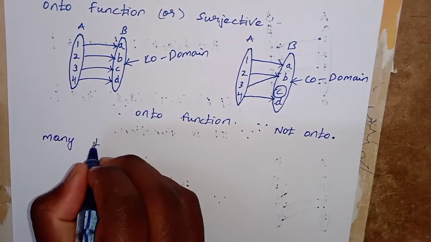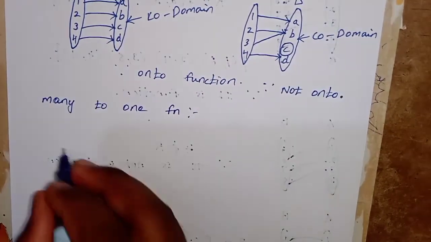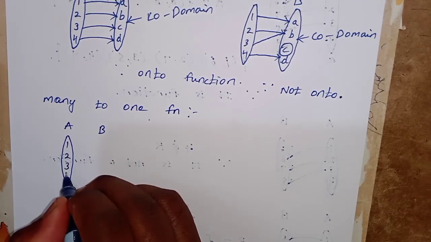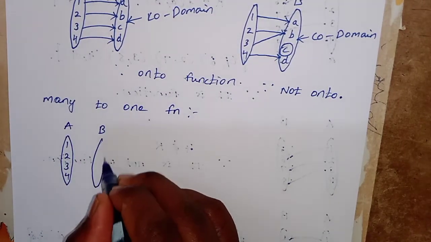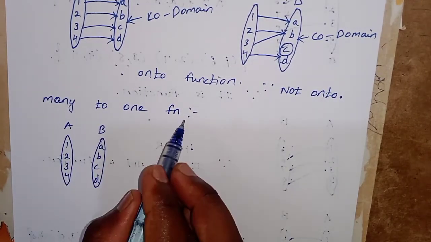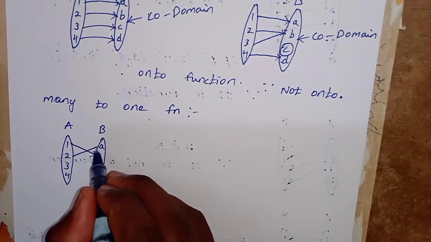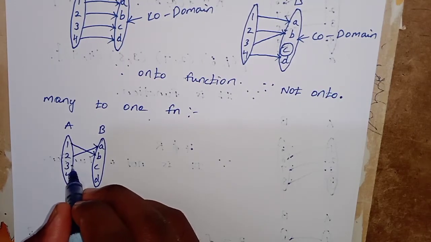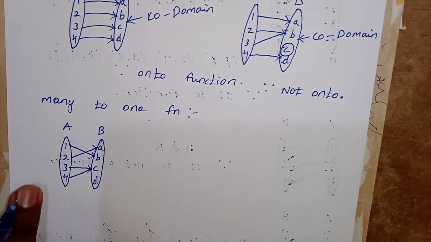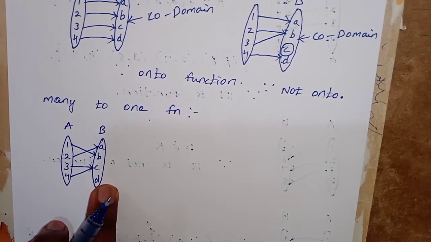Next, many to one function. Here A, B, 1, 2, 3, 4, A, B, C, D. Many to one means here 1 is related to B, 2 is related to A, 3 is related to C, 4 is related to C. Therefore two elements relate to one, so it is many to one.